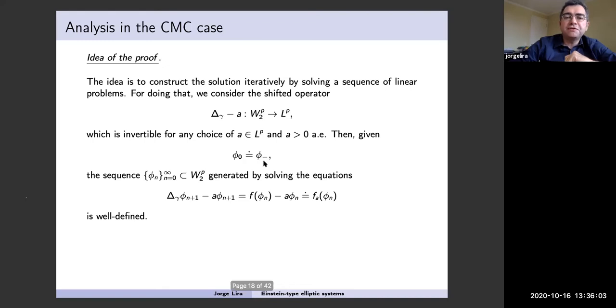If you have the sub-solution, then you can consider that as the first step. Then you plug this phi in the right hand side. So remember that the right hand side is some sort of f, a complicated f that depends on phi. But now we have f minus A because you add this factor A to the operator.